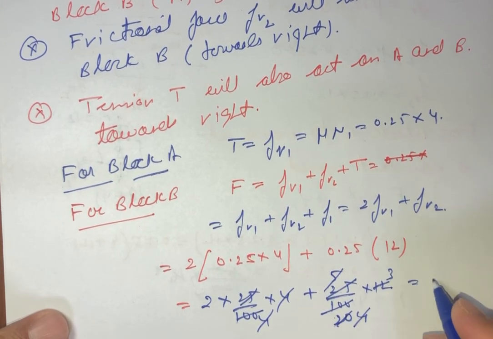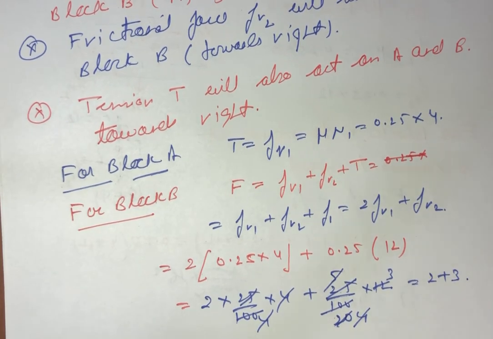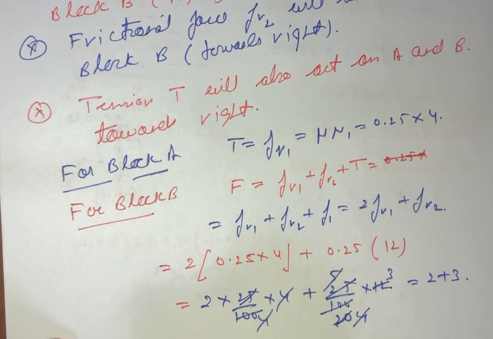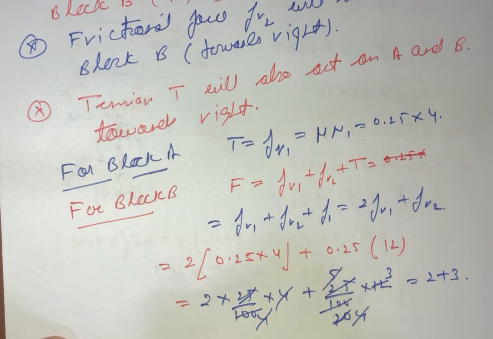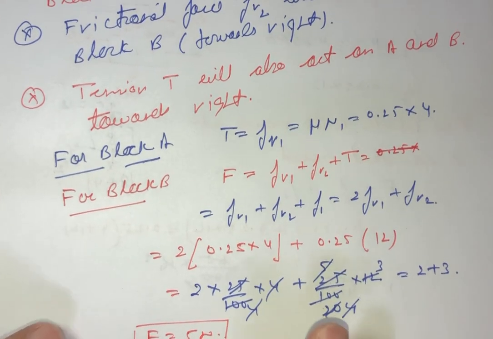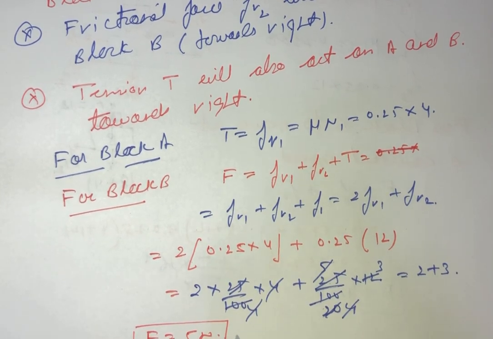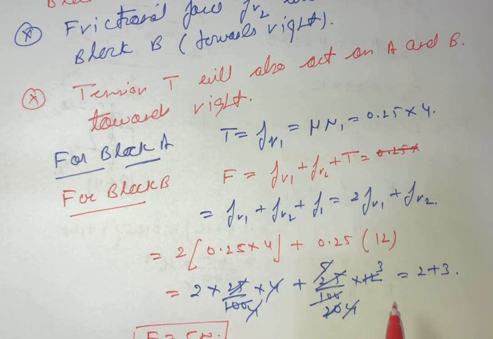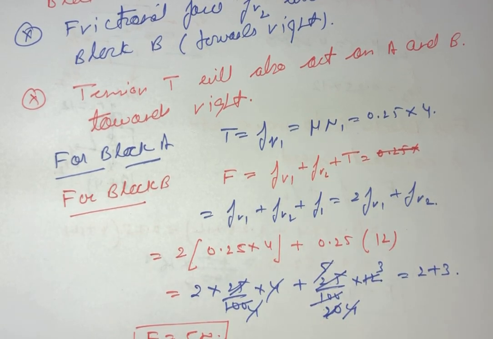So this will be coming as 2 plus 3. So the applied force F will be equal to 5 Newton. So this is the final solution, that our applied force on block B will be equal to 5 Newton. Thank you.